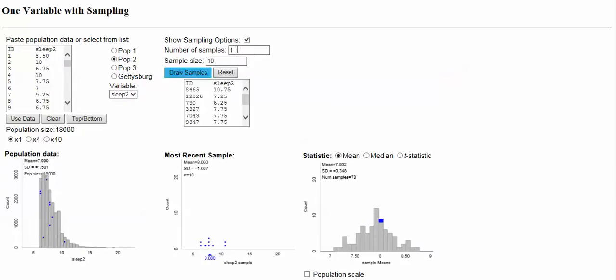I can actually do this: it'll let me calculate the mean of a large number of samples all at once. So I could do 1,000 samples all at once. It's just taking a second, it'll come up.